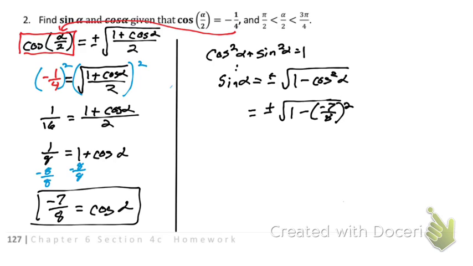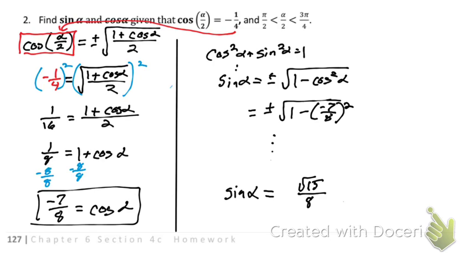I'm going to jump down because we're at the end of class. But you can simplify that on your own, and you should come up with sine alpha equals the square root of 15 over 8.